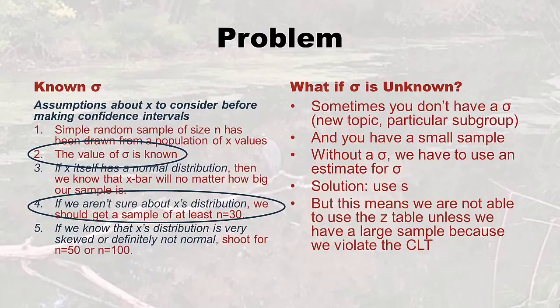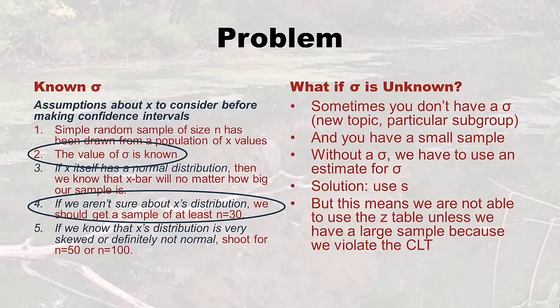Well, there are ways to work around it. So first of all, if you don't have a population standard deviation, you need to use some sort of estimate for that. And you can use a kind of lower quality estimate by using your sample standard deviation, right? I mean, the sample standard deviation is only going to be made out of whoever's in your sample.